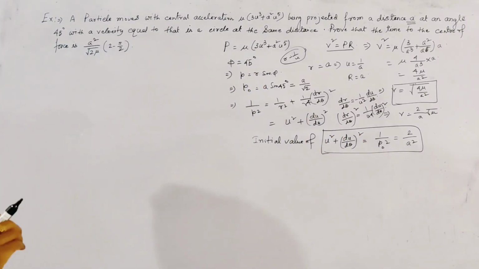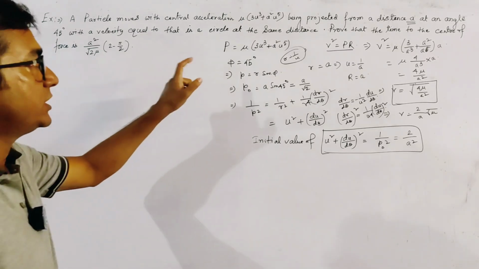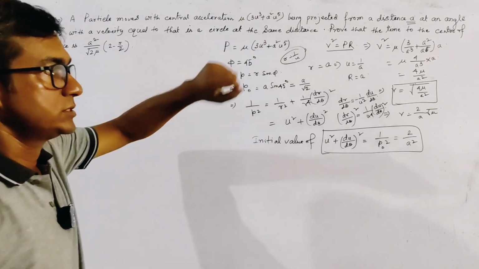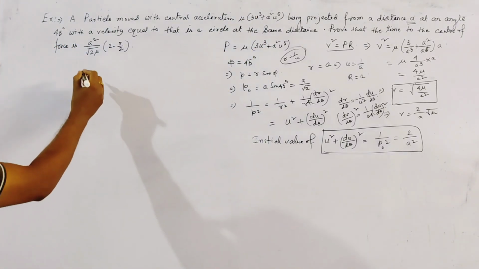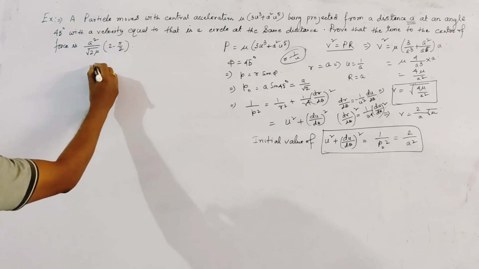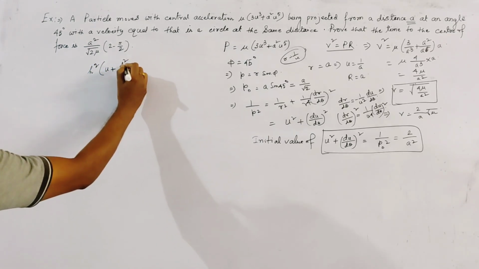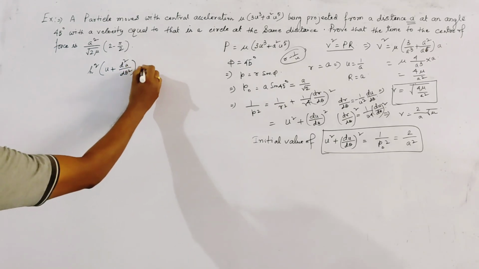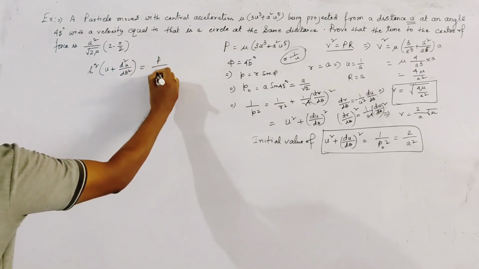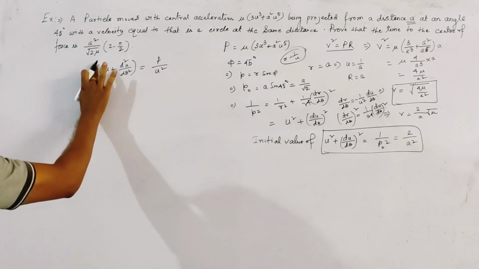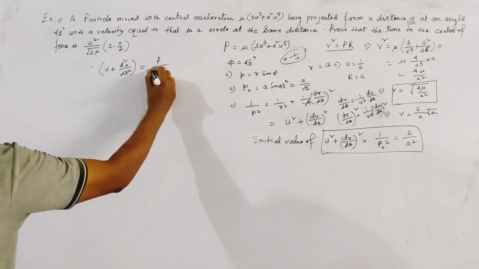Now we write the differential equation of central orbit with this central force, and this is given by h square into (u plus d2u by d theta 2) equal to p by u square. Actually it is p by h square u square.